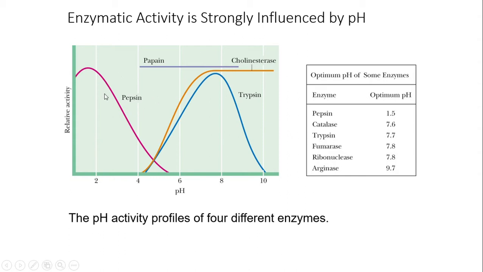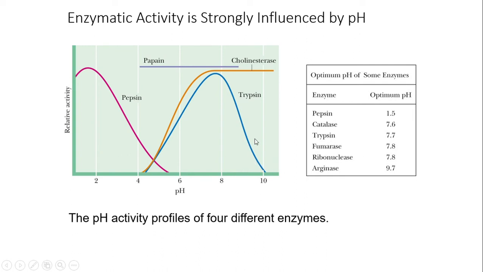If we look at pepsin, which is a gastric protease, its optimal activity, as you can see here, is between 0 and 2. And that's because the pH in our stomach is around 2. So pepsin functions at low pH. Trypsin, we looked at trypsin, or used trypsin, I should say, when we were analyzing the sequence of proteins.